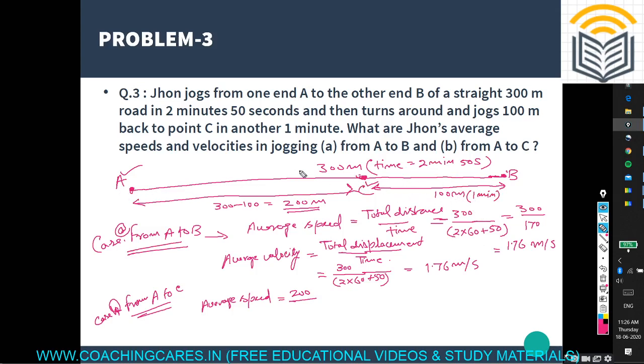The total time will be 170, which we calculated already, plus 1 minute, which is 60 seconds, so 200 divided by 230, which will be equal to 0.86 meter per second.